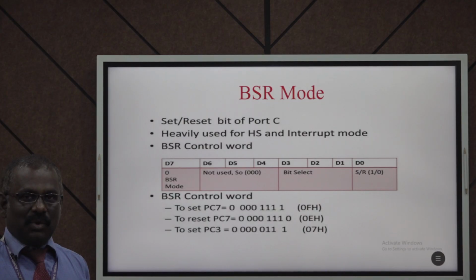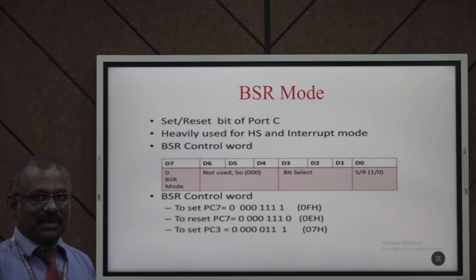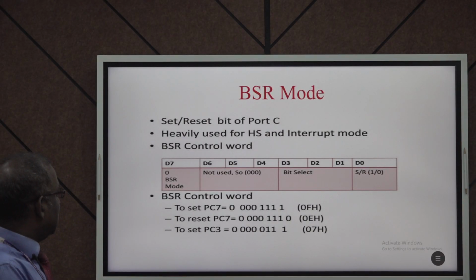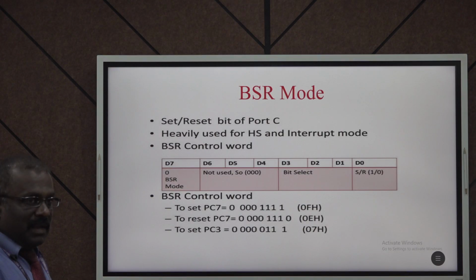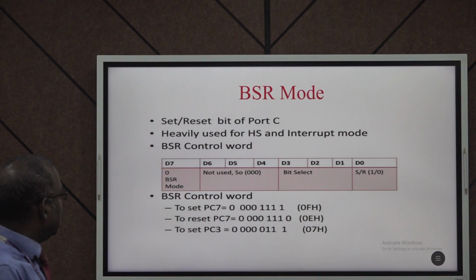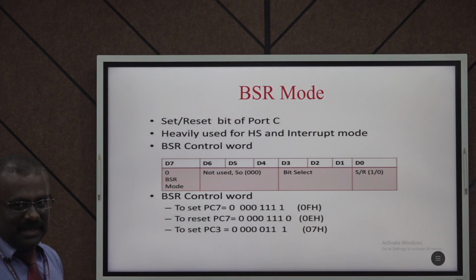So, based on the requirement to set or reset the port C in which the 7 segment LED is connected, we can operate this 8255 in the bit set or reset mode. While operating the 8255 in the IO mode, it is used heavily for the handshake and interrupt modes, and this section shows the control word format for the bit set or reset mode.